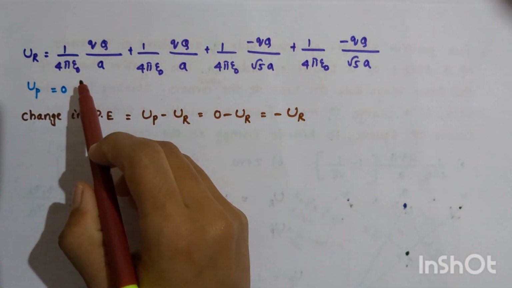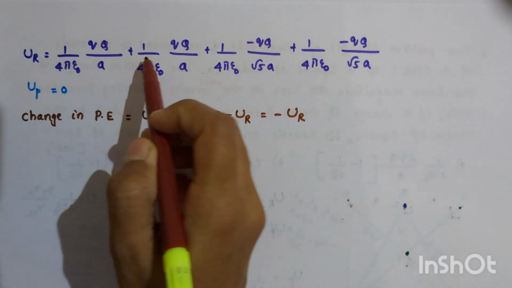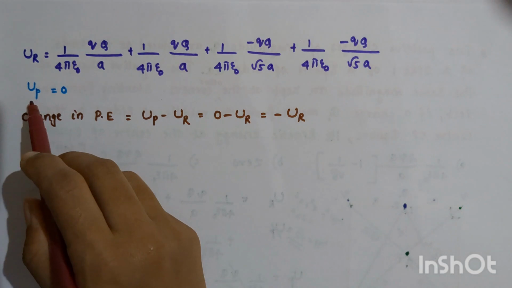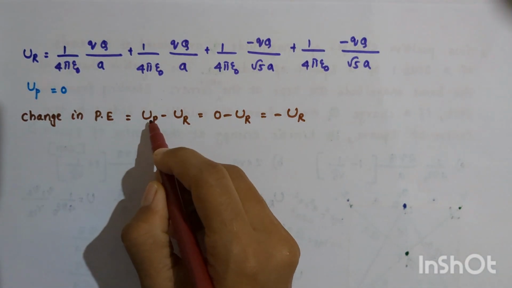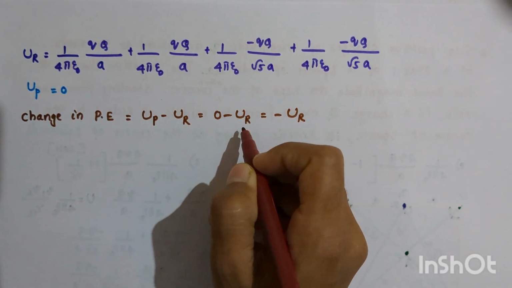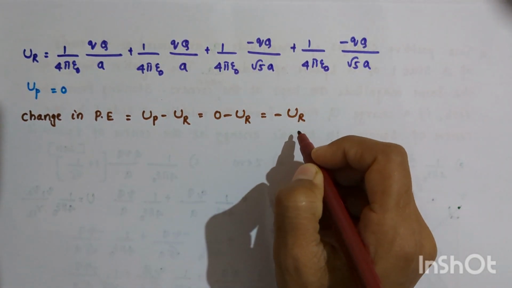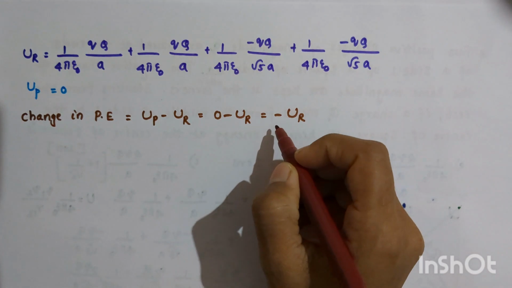You see we have potential energy at R like this, 1 by 4 pi epsilon 0 QQ by A plus this term. We got the potential energy at P is equal to 0. So the change in potential energy, which is the potential energy at P minus potential energy at R, is equal to 0 minus UR, which is equal to minus UR. This minus sign shows that there is a loss in potential energy.